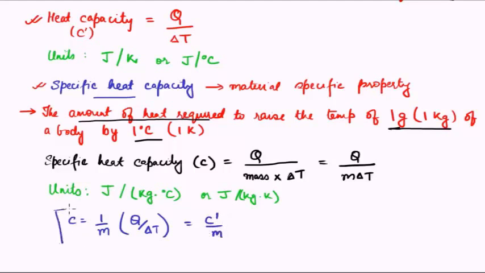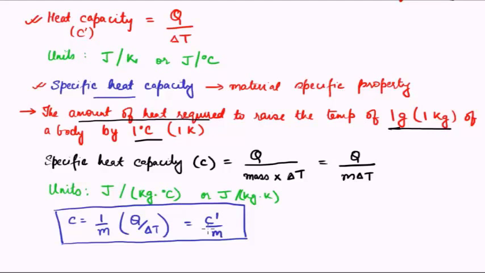So what we get is that the specific heat capacity is heat capacity per unit mass, which was kind of obvious from the definition.